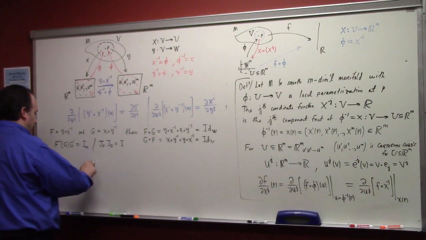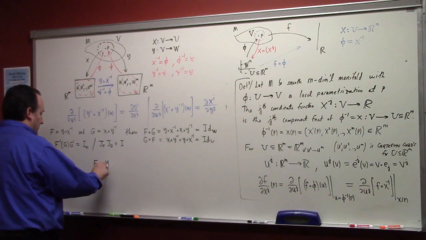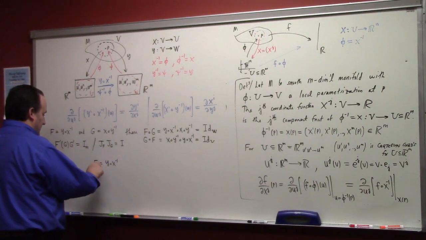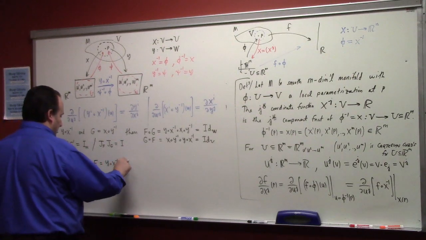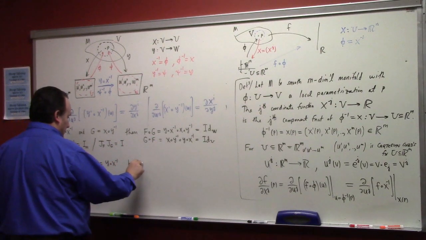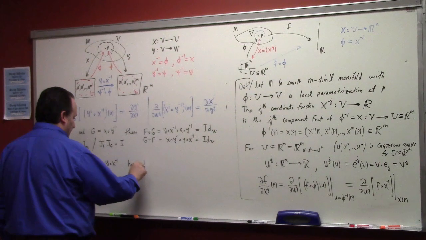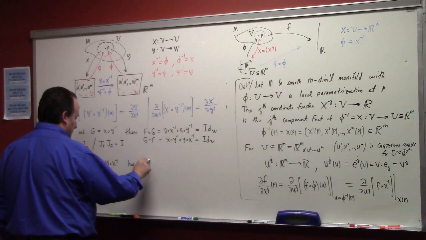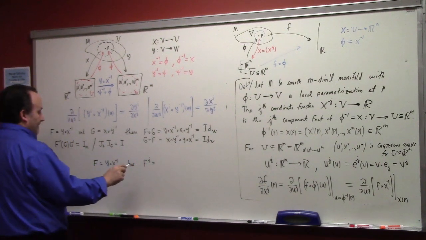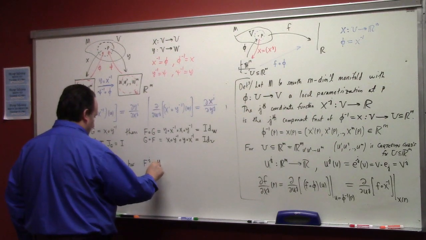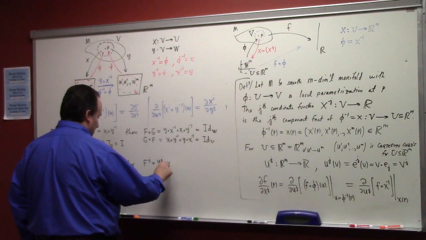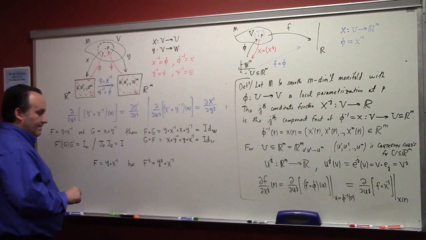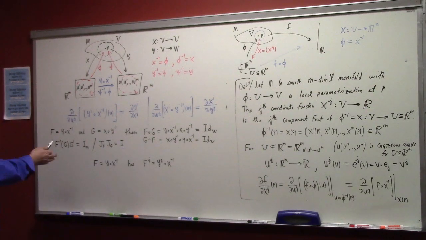Well, check this out. f equals y composed with x inverse, right? It has the component function. What is the component function of this? It's that, right? That's the component function of that map.